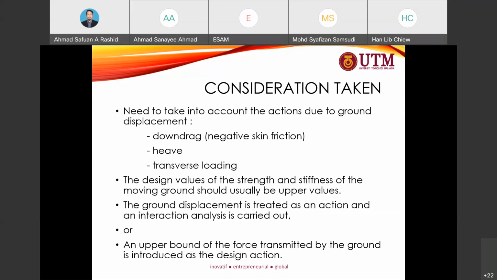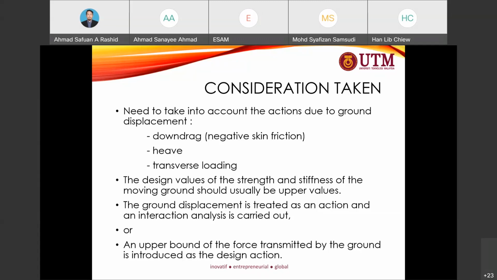The design value of the strength and stiffness of the moving ground should usually be an upper value. So the ground displacement is treated as an action and interaction analysis is carried out, or an upper bound of the force transmitted by the ground is introduced as the design actions. However, in our discussion, we will not discuss this effect.